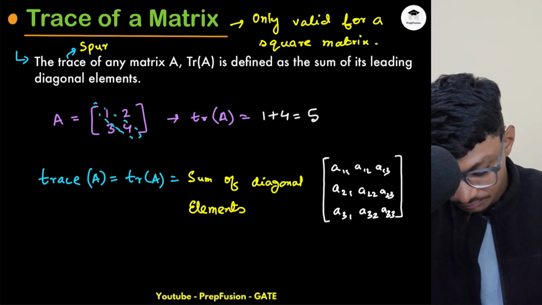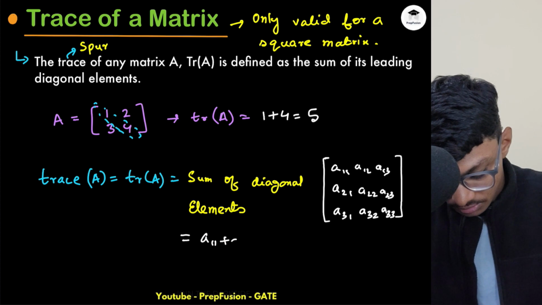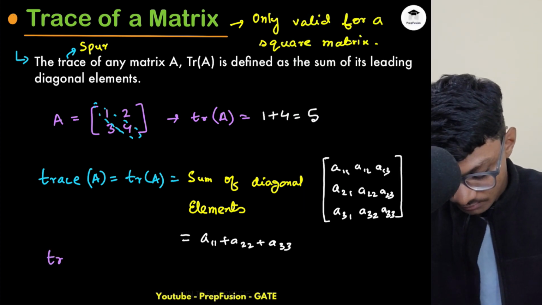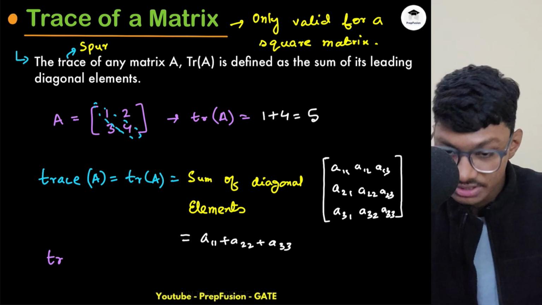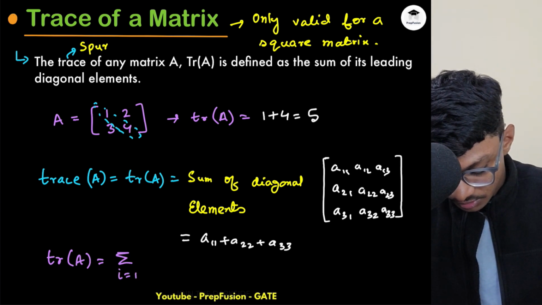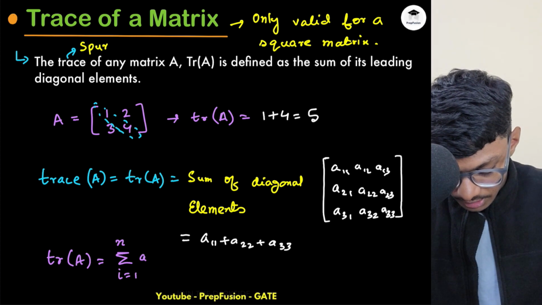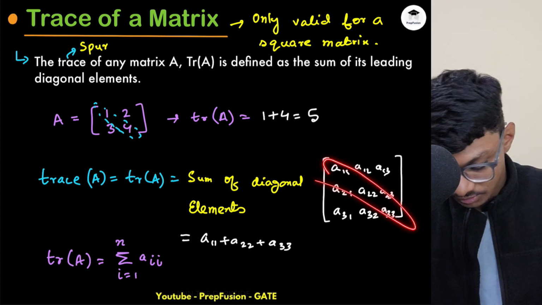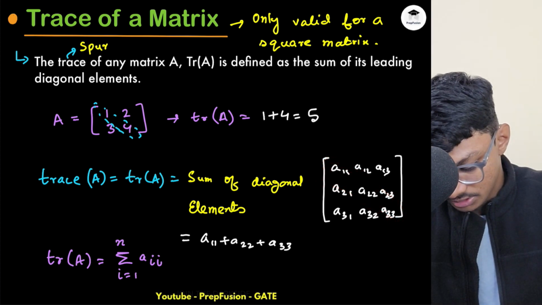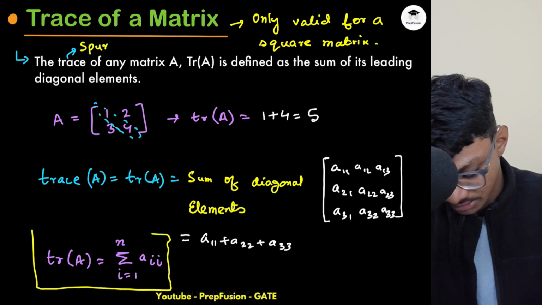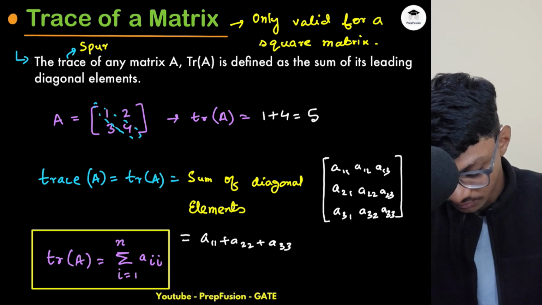In this case, it will be equal to A11 plus A22 plus A33. For a generalized case, what will be my trace formula? Trace will be equal to the sum from i equals 1 to n, where n is the order, because i means the diagonal elements, where the row and column numbers are the same. So this is basically the formal equation of the trace of A. No need to go too much into the details of this; this is just about the trace.